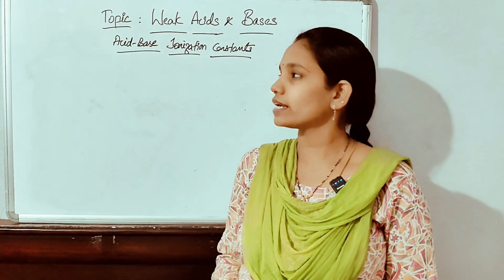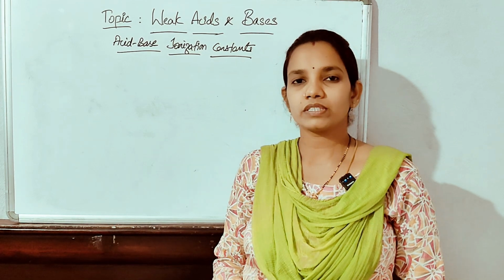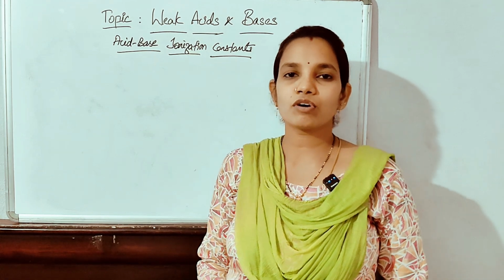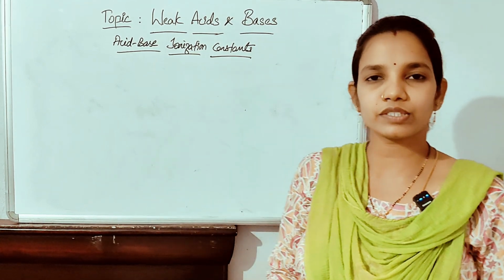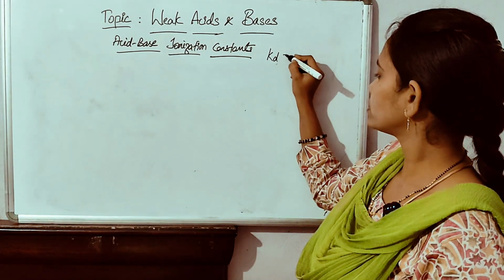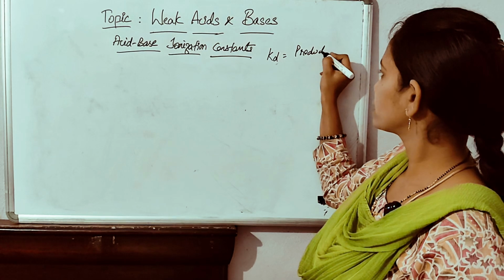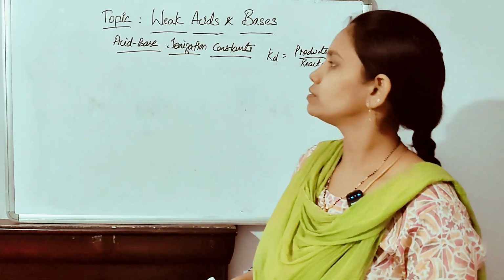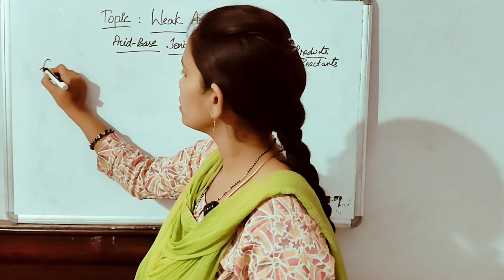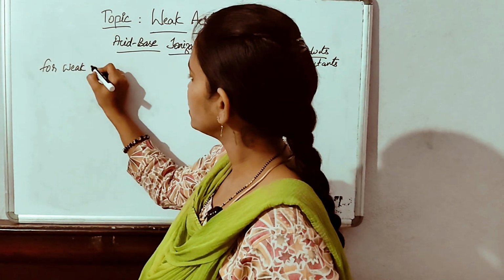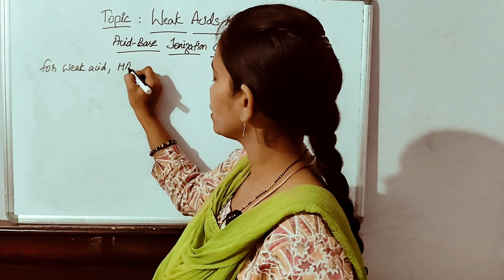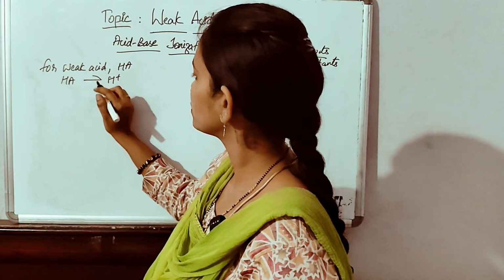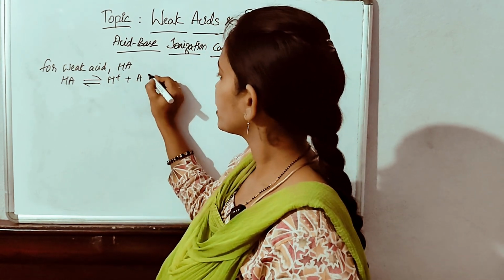Now let us study what are acid-base ionization constants. To measure how weak or strong an acid or base is, we use equilibrium constants. The general formula for calculating the dissociation constant is denoted by Kd, that is equal to products by reactants. Now let's see how this formula applies. For a weak acid, HA, this HA dissociates into H plus and A minus.